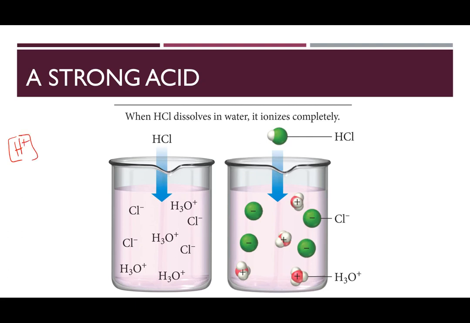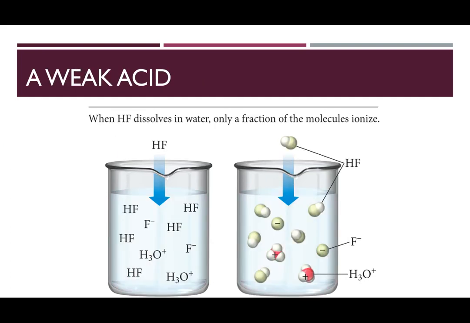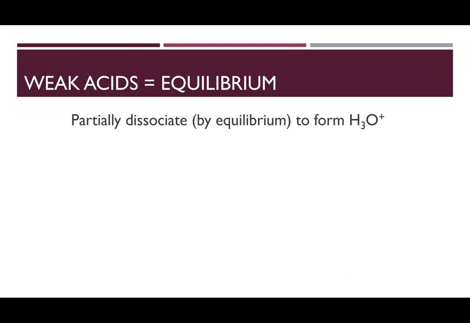So the concentration of H plus, or remember it's used synonymously with H3O plus. So when we start to put numbers, we quantify a strong acid, we're going to be looking at the concentration of the hydrogen ions or the H3O plus ions. Same thing with a weak acid. So we're going to be focusing on this hydrogen ion or H3O ion. So weak acids partially dissociate to form that ion.